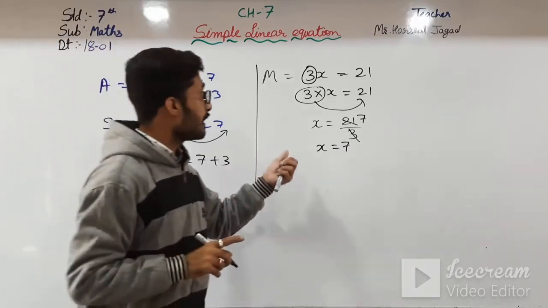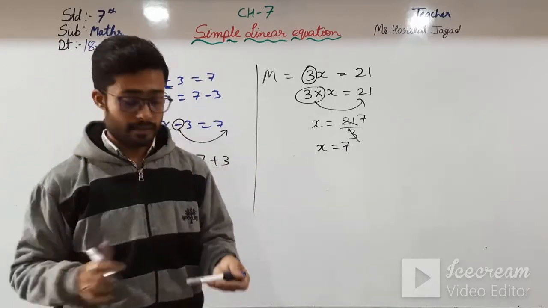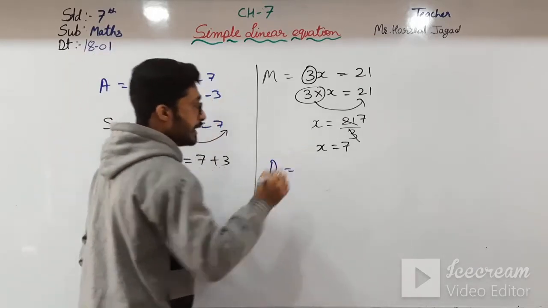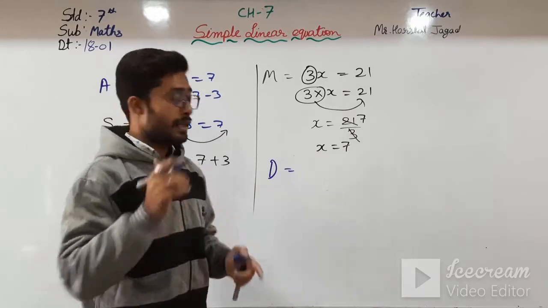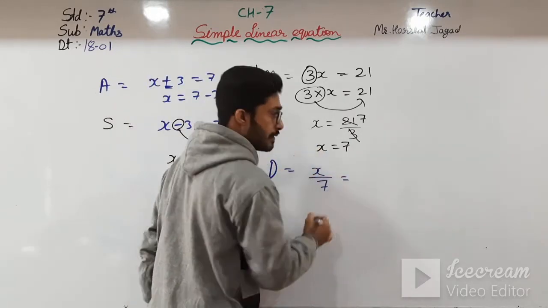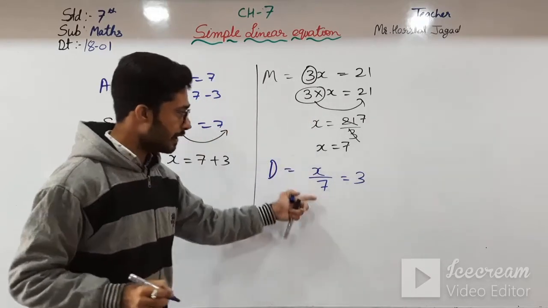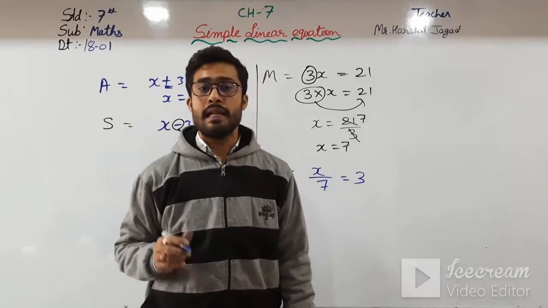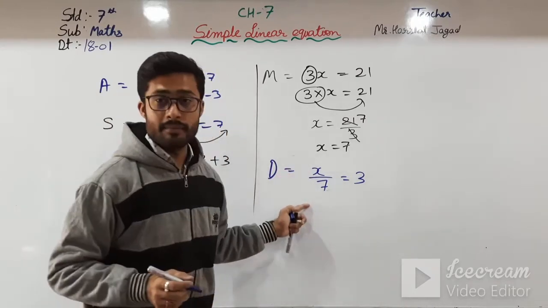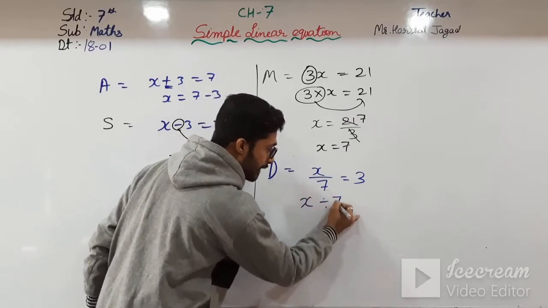I am just explaining the method, not just doing some of the sums. Okay. So now division. How can we divide? If I say x by 7 is equal to 3, then here you can see it is x by 7, means I can also write this as x divided by 7.